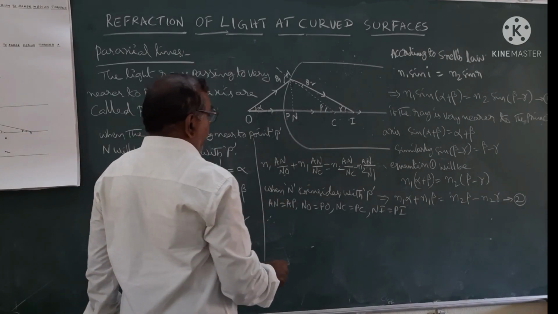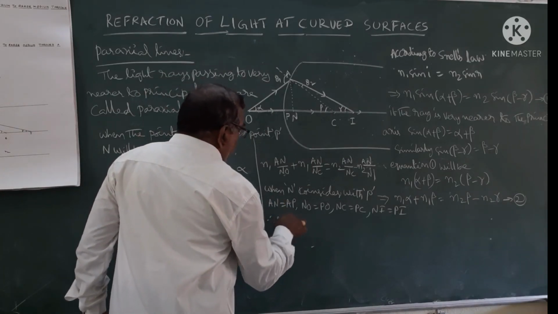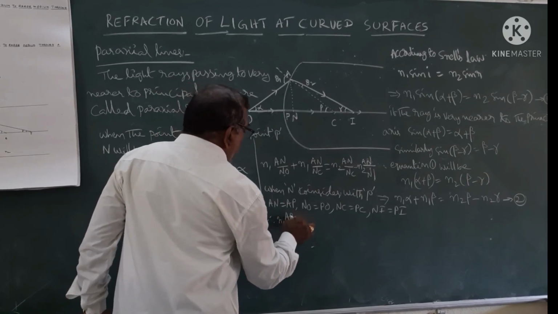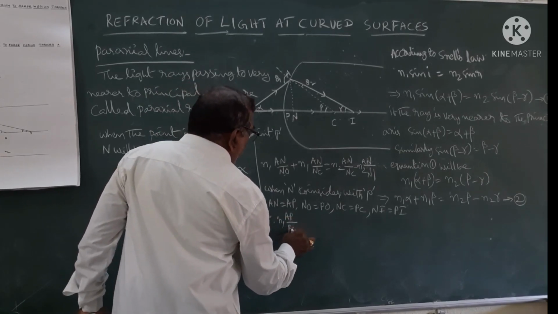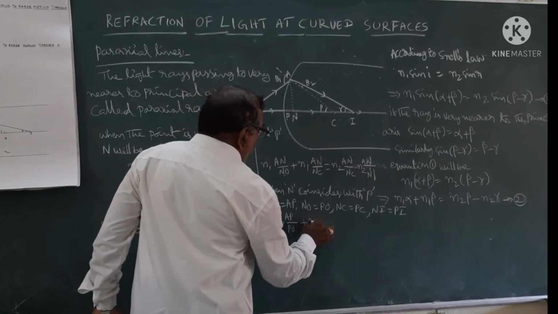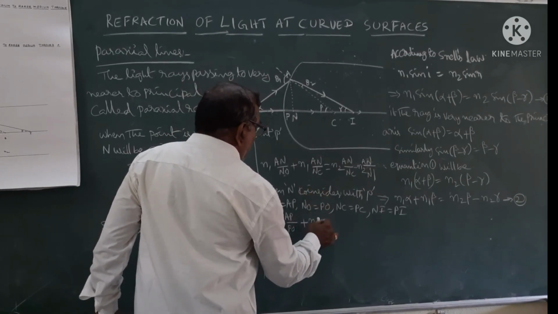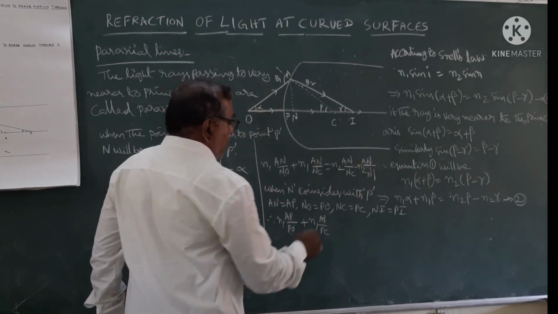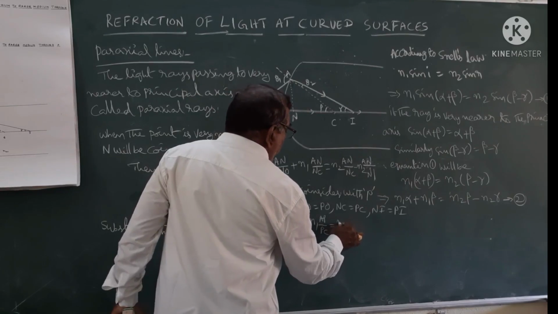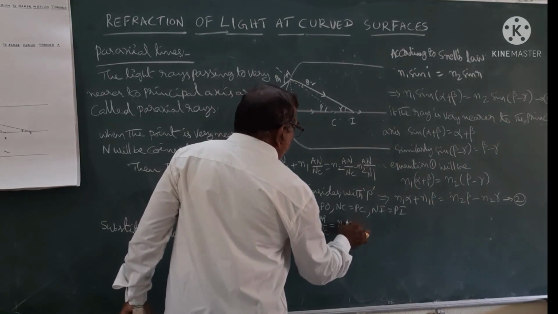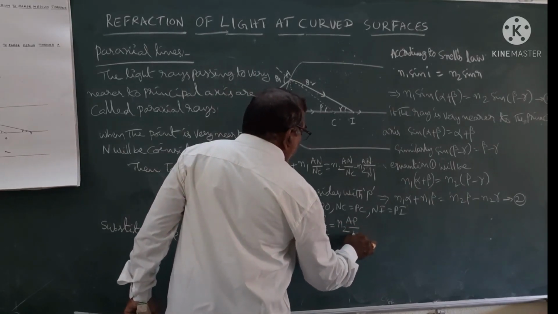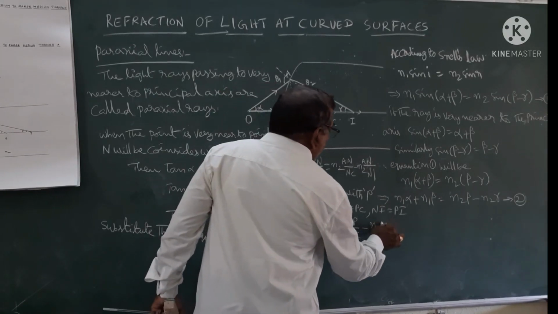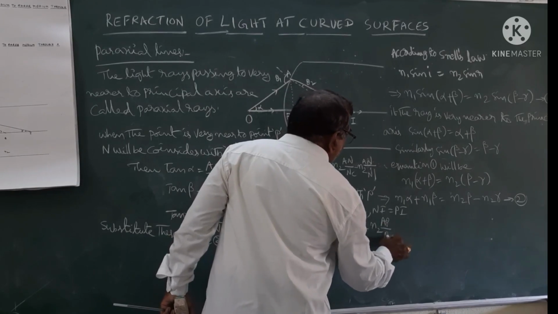Therefore, N1 AP by PO plus N1 AP by PC equal to N2 AP by PC minus N2 AP by PI.